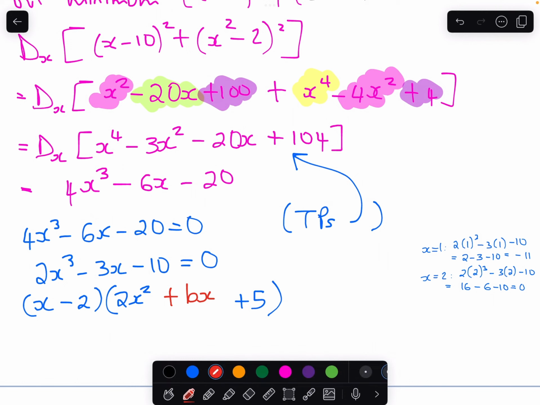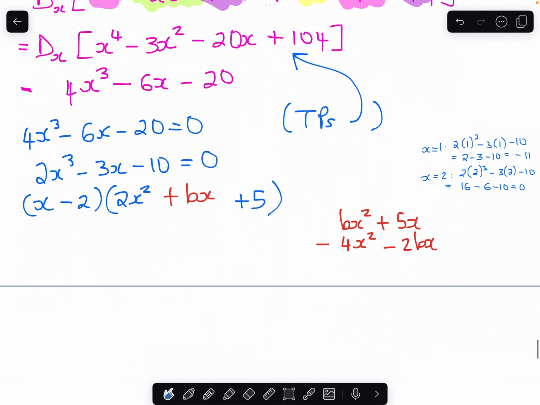Okay, so what we want is, I'll start with x times bx squared, and then x times 5, which is 5x, and then minus 2 times 2x squared. In fact, I'll just stack this down here. And then finally minus 2 times bx.